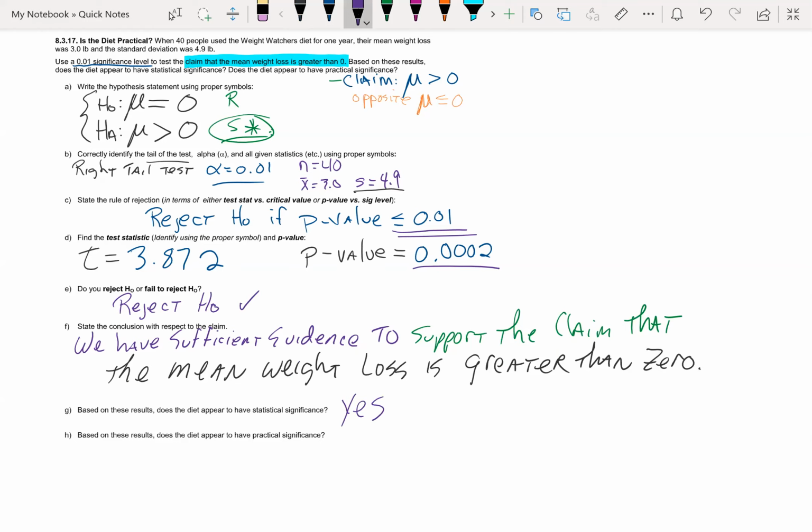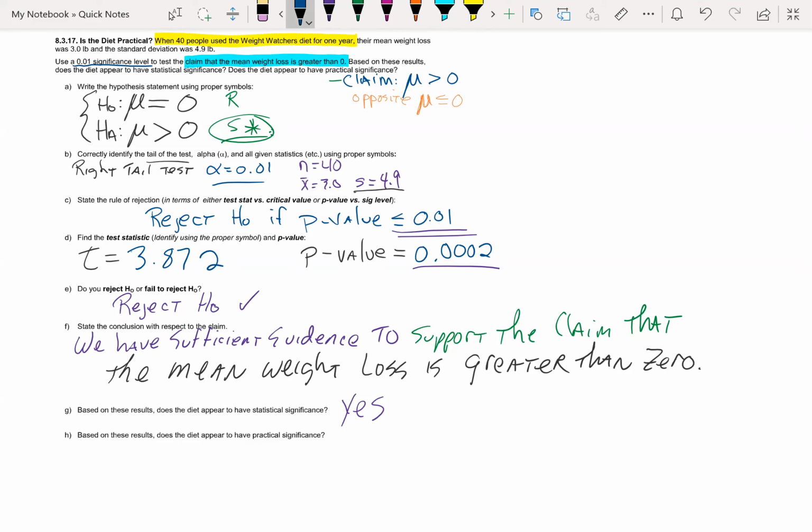What's really kind of the more important question, or just as important a question here, does the diet appear to have practical significance? So if we were to take a look back at our context, we had 40 people using this for an entire year.